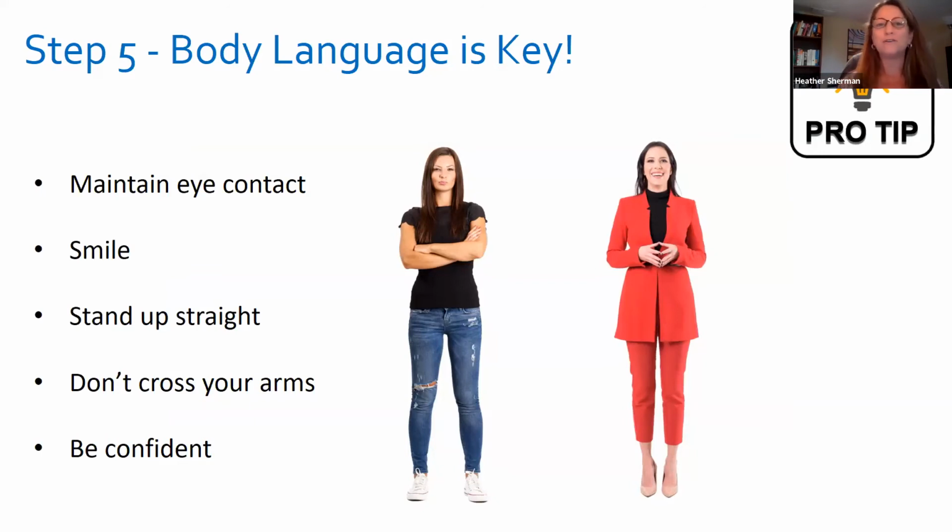Don't cross your arms. You can see here from the photos the difference in posture makes such a difference in terms of your openness and willingness to have a conversation, or someone's openness and willingness to have a conversation with you. So you want to keep your arms down and have an open posture that invites conversation, not something that detracts from conversation.